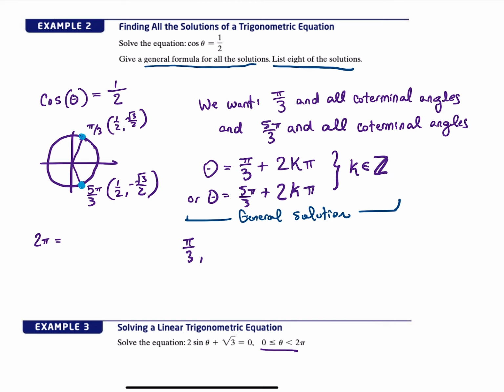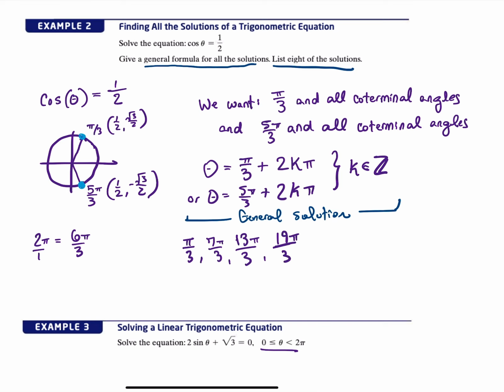If we multiply top and bottom by 3, would be 6 pi over 3. So I could just add 6 pi over 3 and keep doing that. Every time I do that, I'll get another angle with a cosine value of 1/2. So pi over 3 plus 6 pi over 3 would be 7 pi over 3. That'll be another solution. Add another 6 pi over 3, so 13 pi over 3, plus another 6, 19 pi over 3.